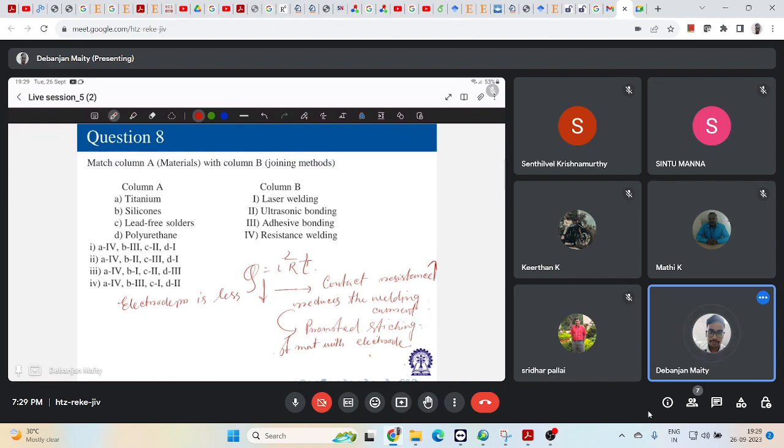So you have titanium, silicon, lead-free solders, polyurethane. Now, if you're talking about this, I think over here A should be resistance welding.